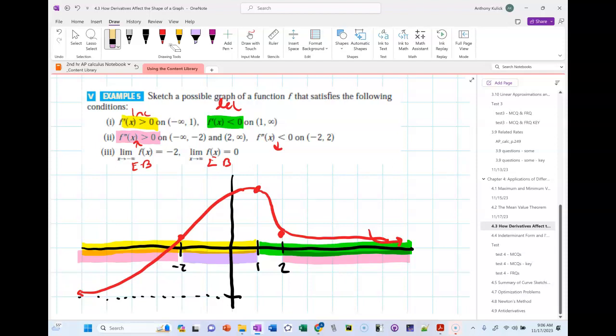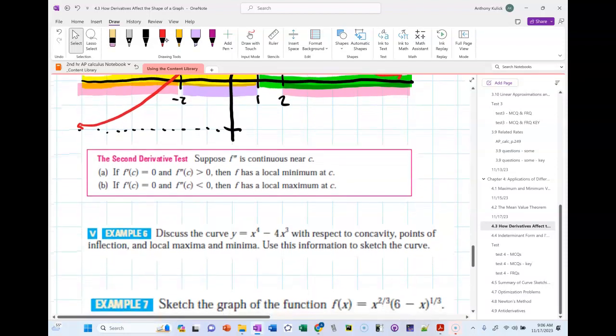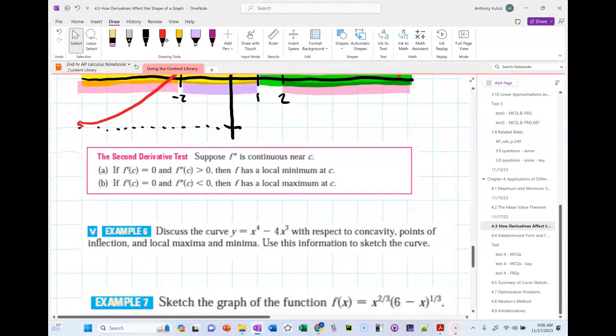So you just have to piece it together. It's hard to visualize it in your head. Sometimes it may take a try or two, but I like to make sure I've read everything first and decide the places on the graph that matter, where the changes have to be happening, and then figure it out.